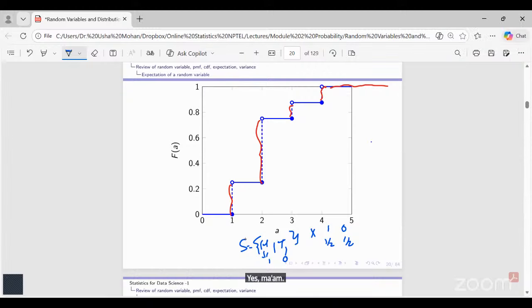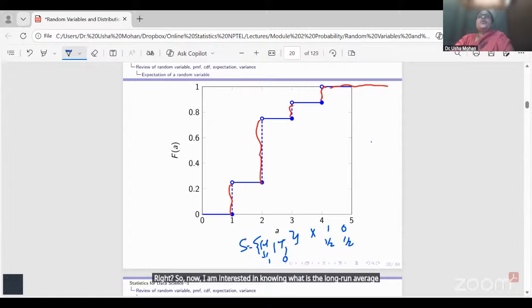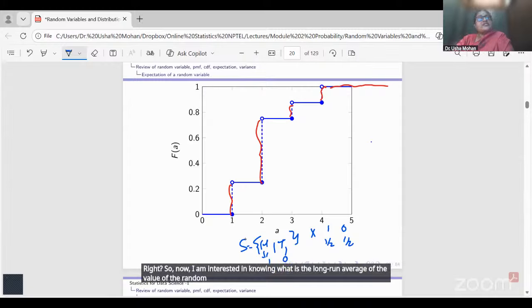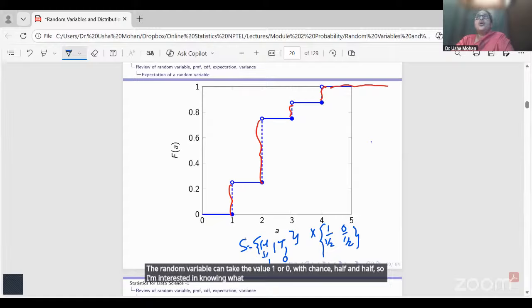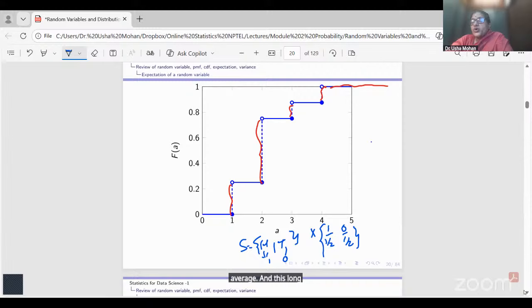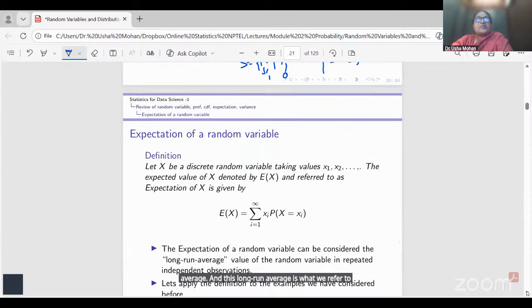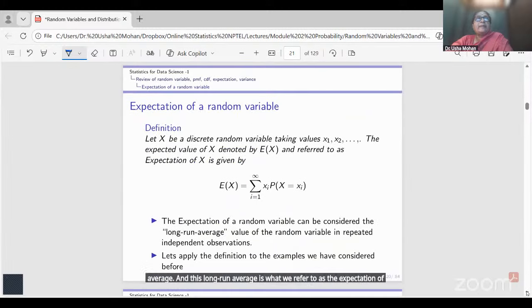Now I am interested in knowing the long run average of the value of the random variable. If I keep tossing this coin some 10,000 times, the random variable can take the value 1 or 0 with chance half and half. So I am interested in the long run average, and this long run average is what we refer to as the expectation of a random variable.